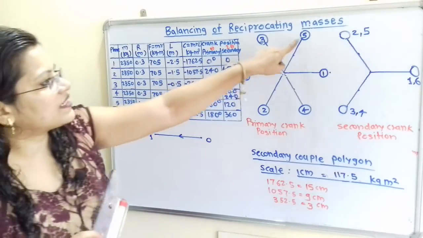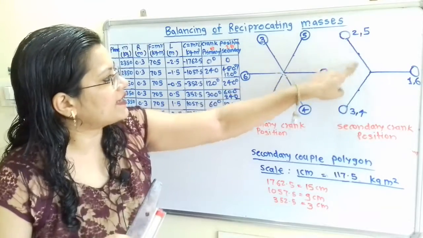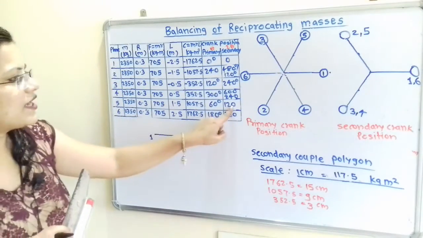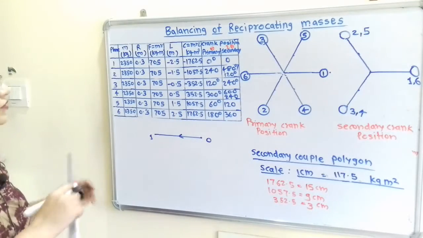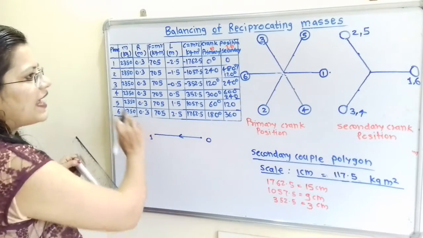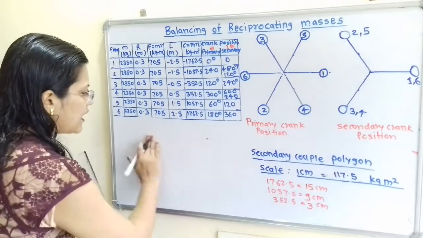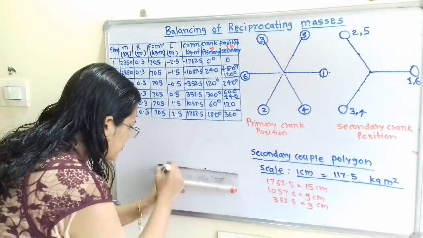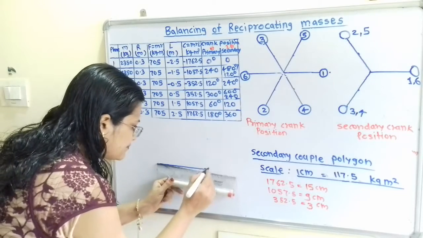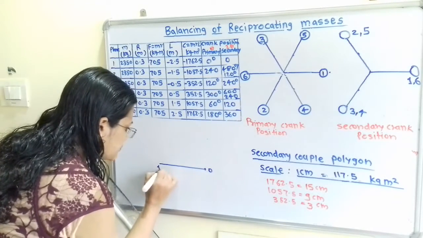Then after that it is 5. If we observe, 5 is at 120 degree and magnitude is positive. So for this positive magnitude we have to draw. I will remove this. I will take it in the middle, at the center. So here is point 1.